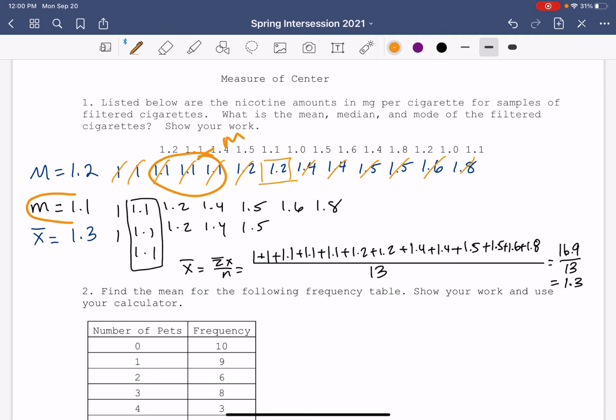And then the mean. The way to do that is to use the formula, which is pretty straightforward. You just add all the numbers, and yes, you do have to show all the numbers, divided by the total. Do a little bit of math, and then you get 1.3, which is over here, okay?